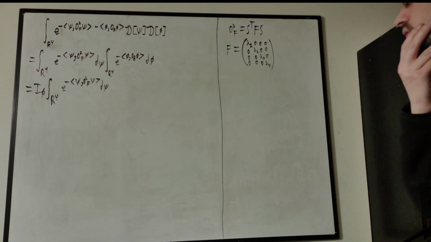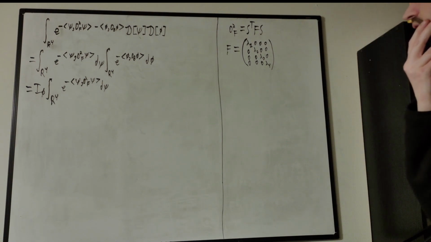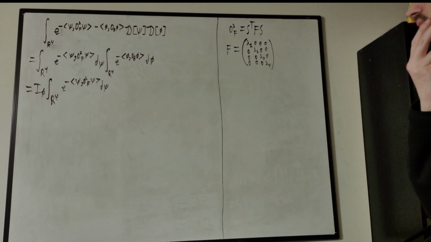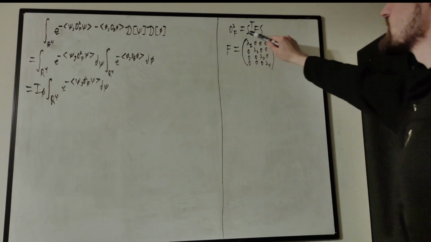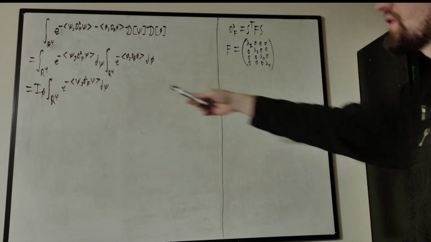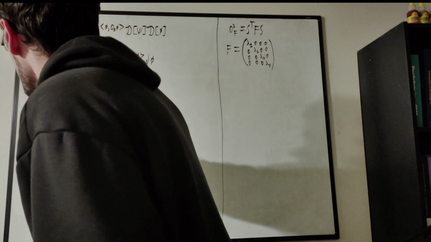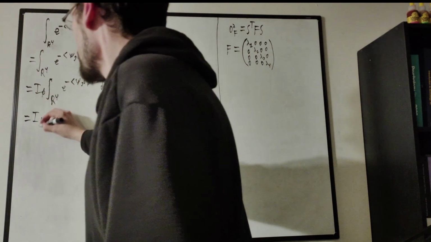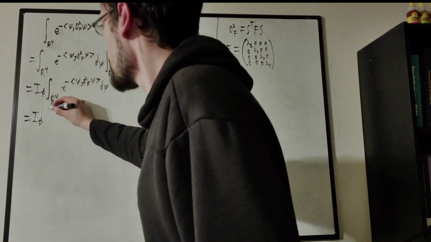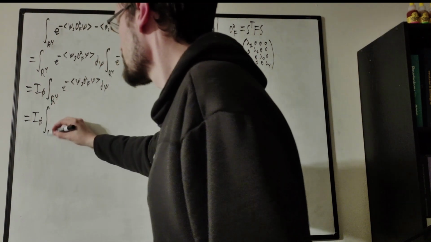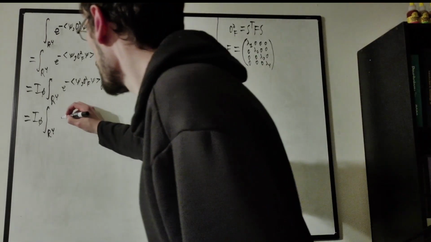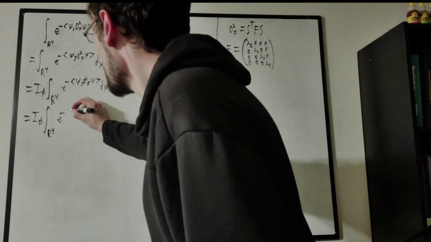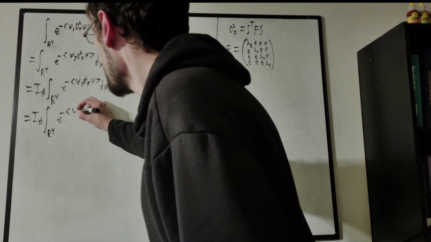Okay, so what can we do with this information? Well, if we can write our second order Dirac operator in terms of S transpose F and S, let's go ahead and rewrite that in terms of this over here. So we still have I sub phi of the integral over R4 of e to the negative inner product of psi.